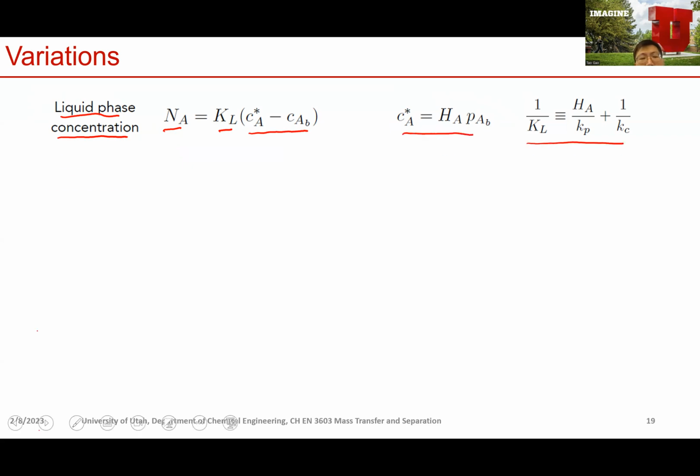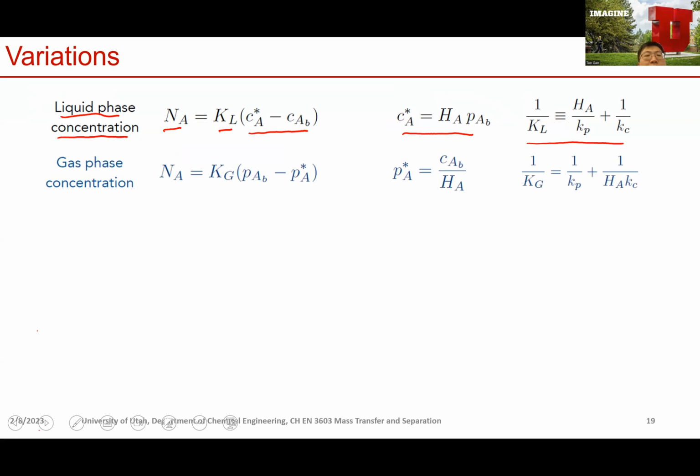We can also compute the total flux with the gas phase concentration. In this case, we have a different overall mass transfer coefficient KG, that's this, multiplied by the partial pressure difference.